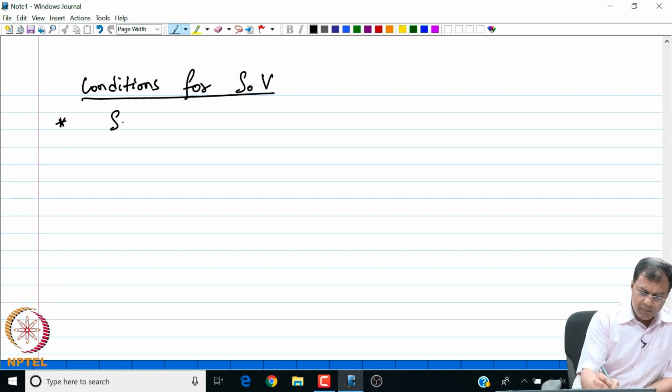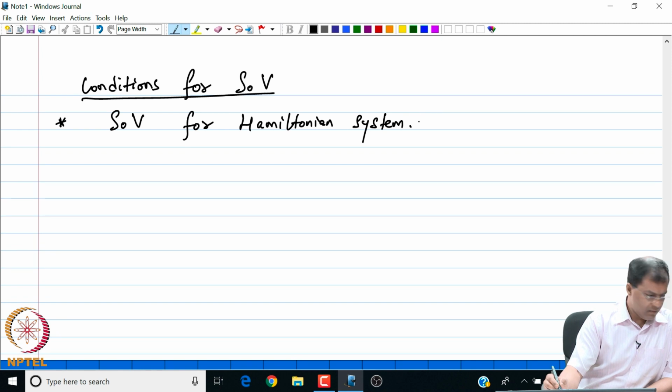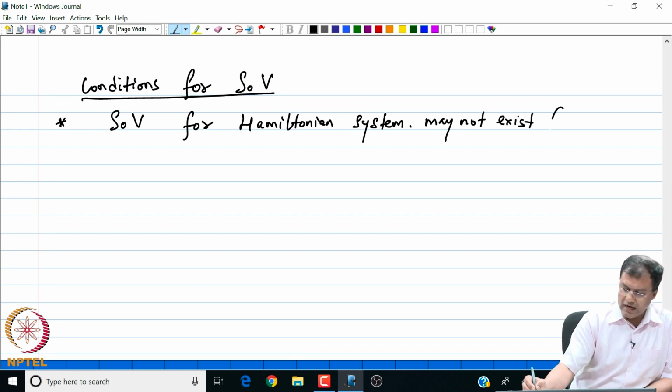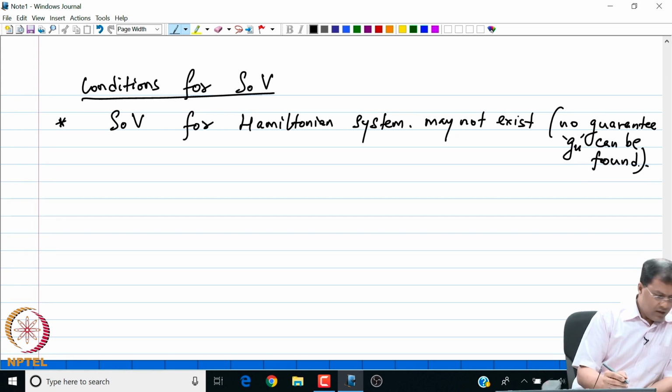Separation of variables for a Hamiltonian system may not exist. There is no guarantee that G_k's can be found.